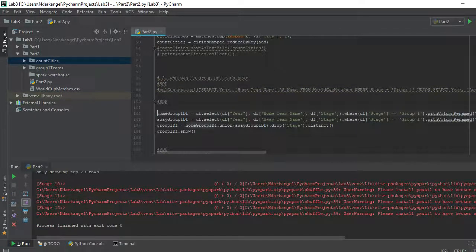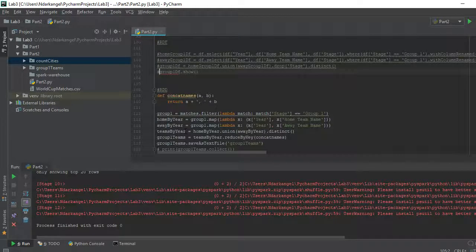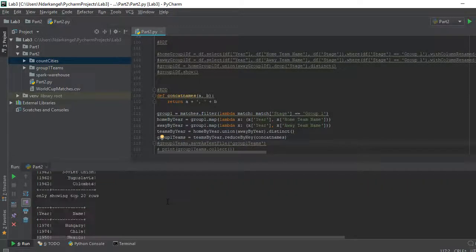Okay. From the result you can see all the names.